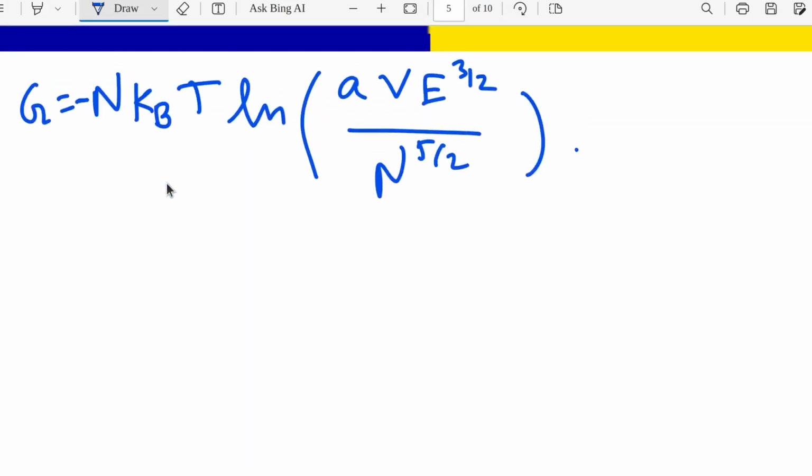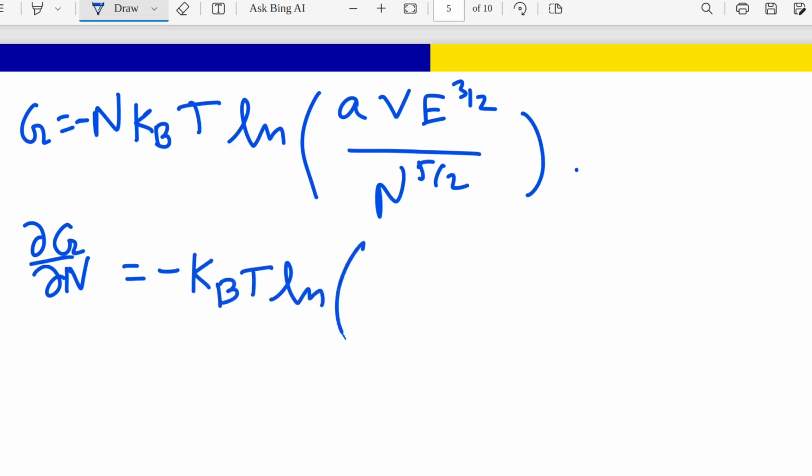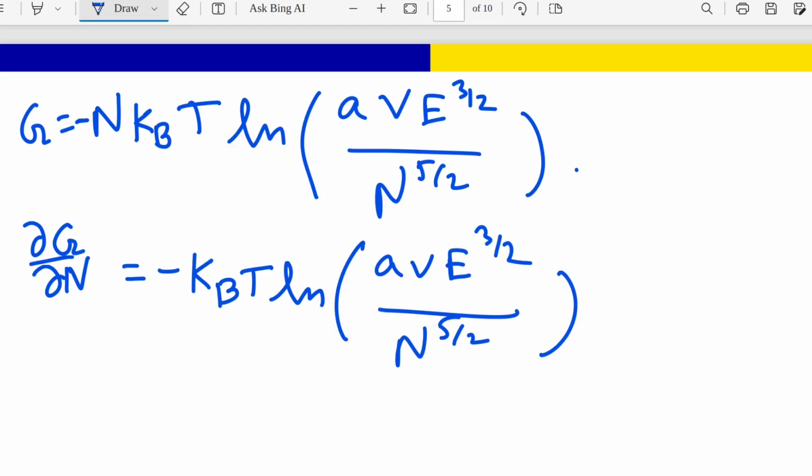Now we have to calculate del G del n. So what will be the value of del G del n? Here you can see that there is one n present here and another n present here. It is nothing but the derivative of a product. So at the very first I am going to differentiate this term, and the rest of the term will stay as it is, AV E^(3/2) n^(5/2). So this is the first term derivative.